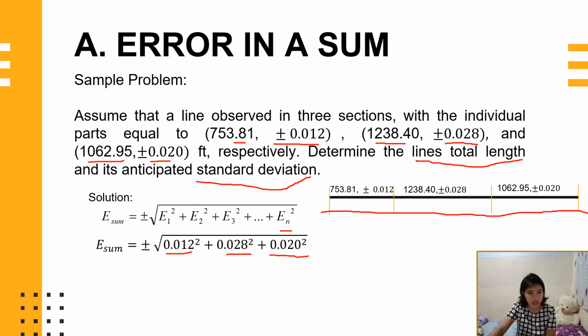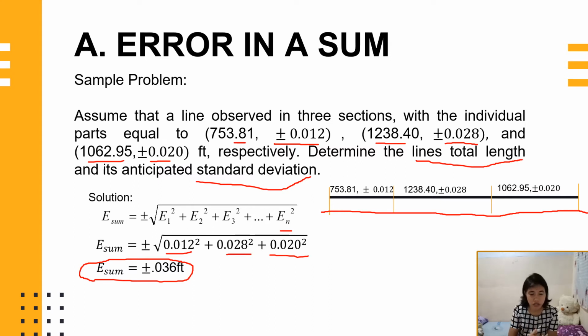So this is direct substitution to the formula. Therefore, the error of the sum, or the error of the total length observed, is plus minus 0.036 feet. Okay? So can you please check my solution if this is correct?